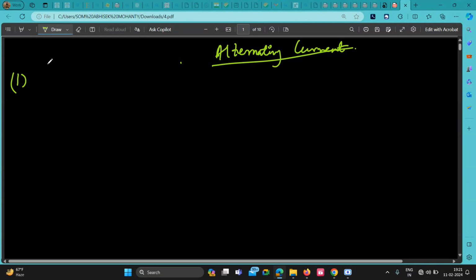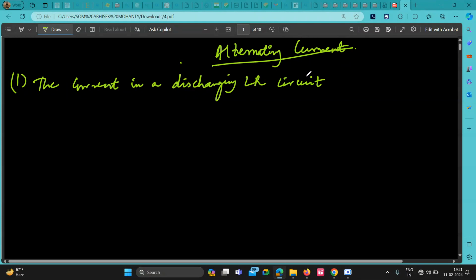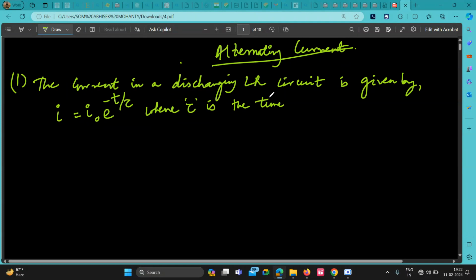First question, write down. The current in a discharging LR circuit is given by I is equal to I naught e to the power minus t by tau, where tau is the time constant of the circuit.